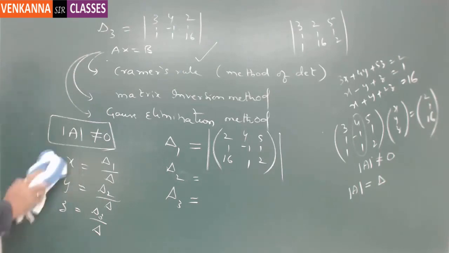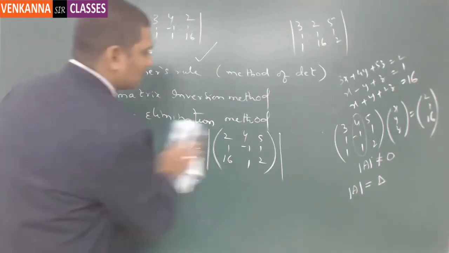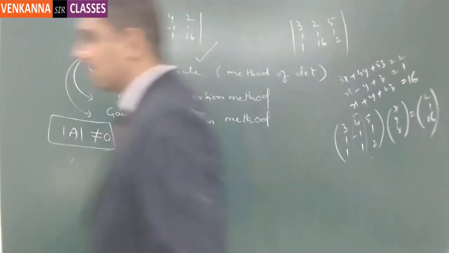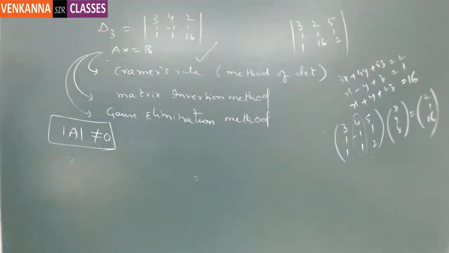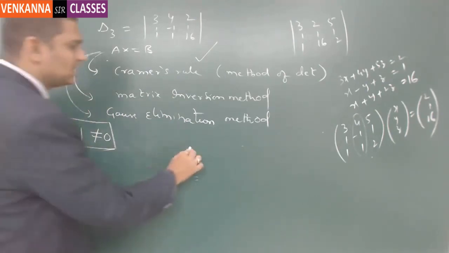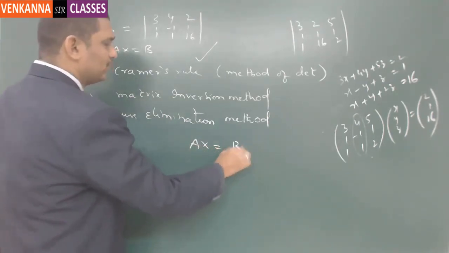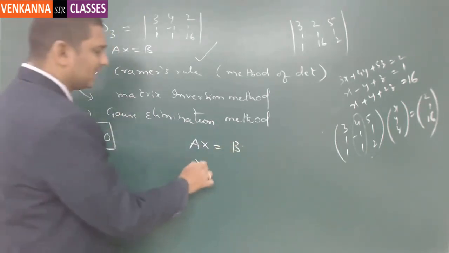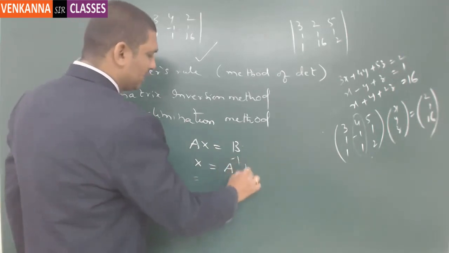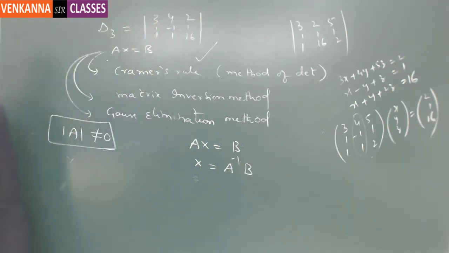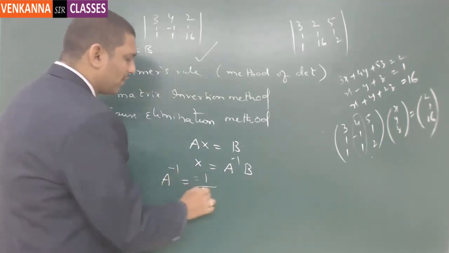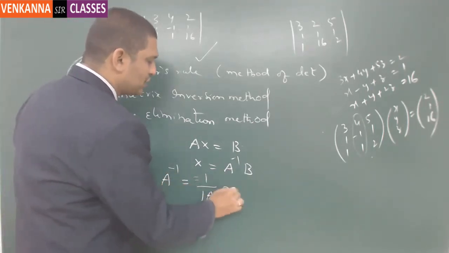So here, if you talk about matrix inversion method, once calculating determinant of A, since you got that Ax is equal to B, if you multiply both sides with A inverse, you will get X is equal to A inverse into B. So for A inverse, we will use the formula 1 by determinant of A into adjoint A.